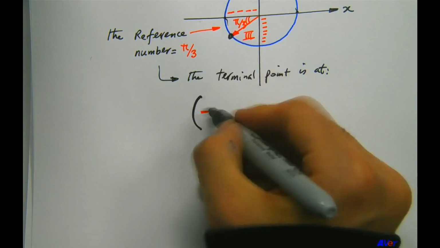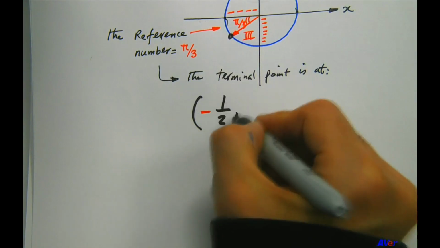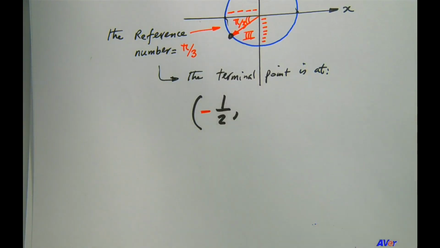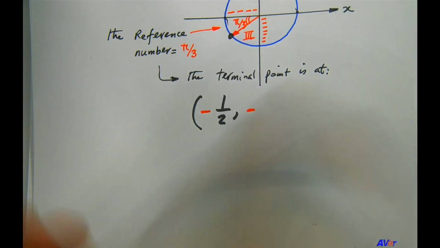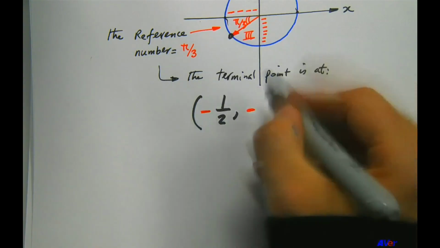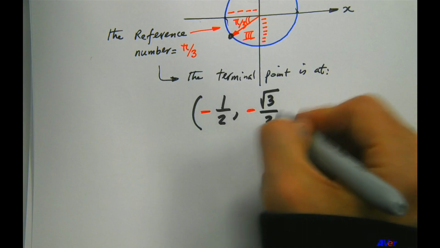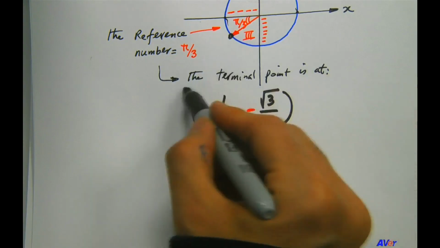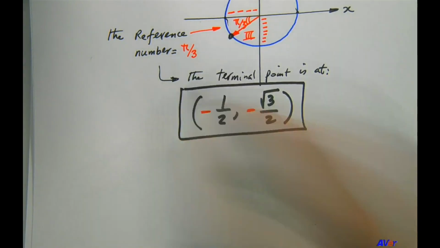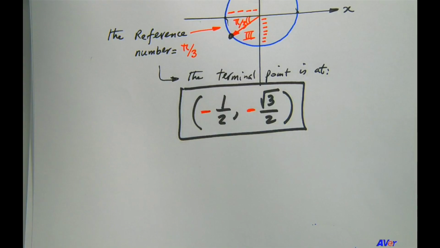So we have negative 1 over 2, comma, again, negative square root of 3 over 2, for the coordinates of the terminal point. Okay?